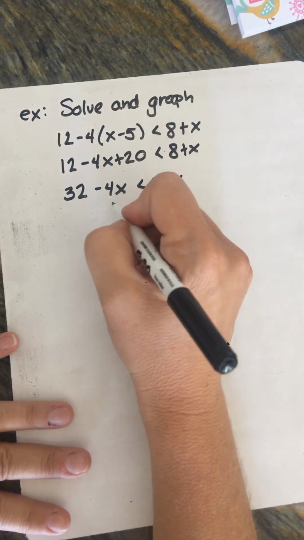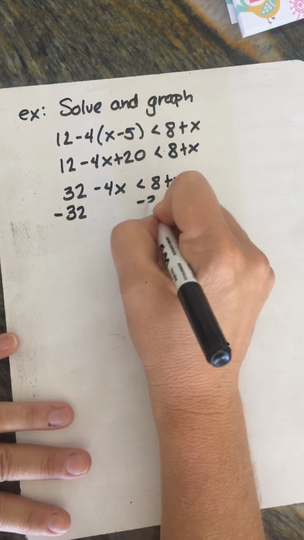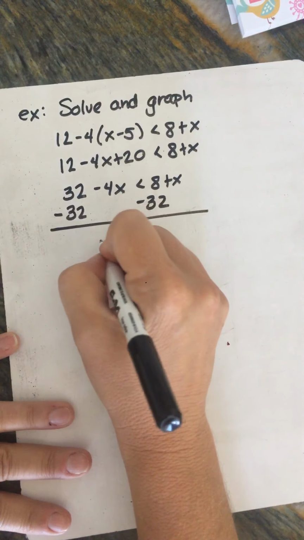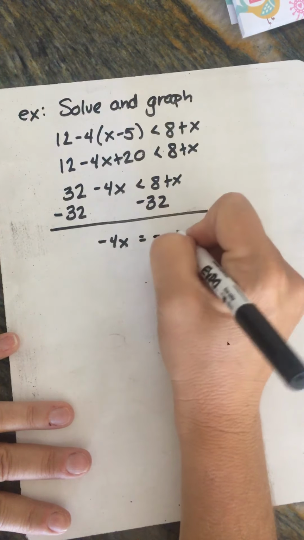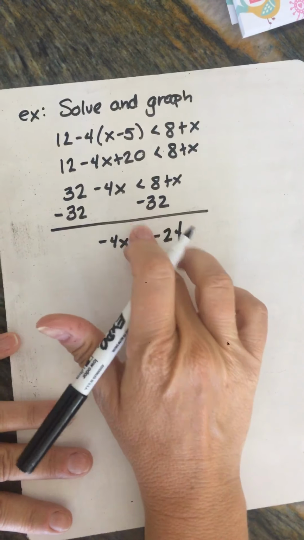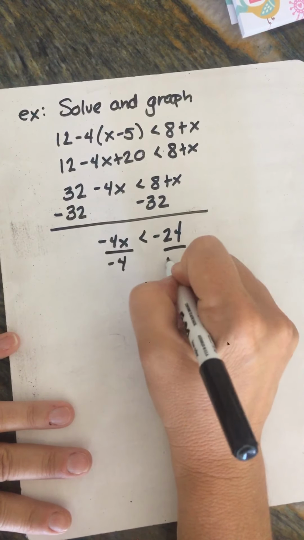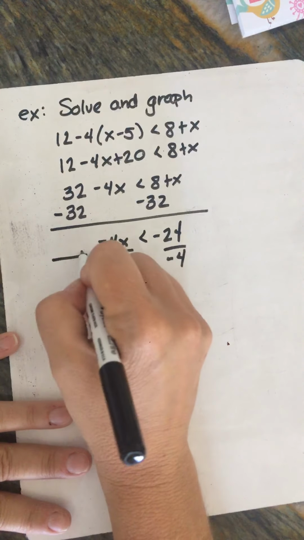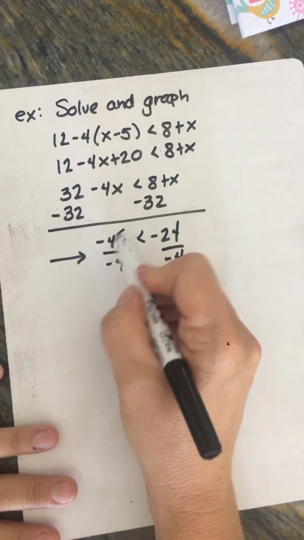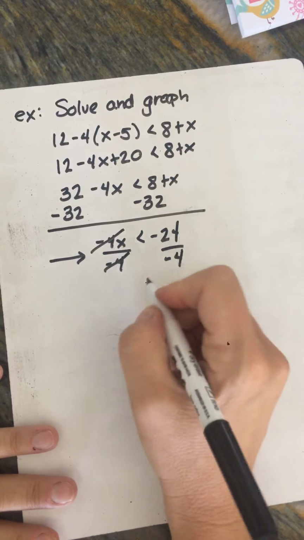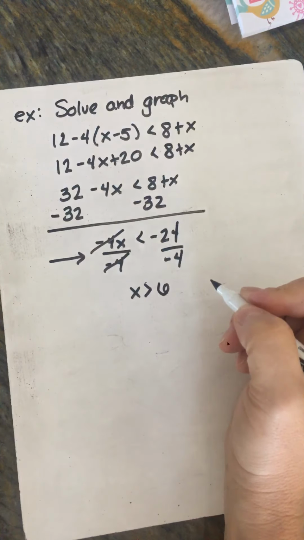And let's see, I think I will subtract 32 from both sides. So negative 4x is equal to negative 24. Oh, not equal to, sorry, less than. And divide by negative 4. Okay, that was the trick step right there. Whenever you multiply or divide an inequality by a negative, you must reverse the order of the sign. So x is actually larger than 6.